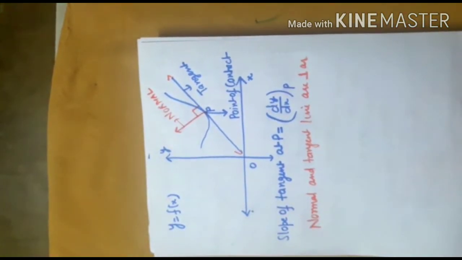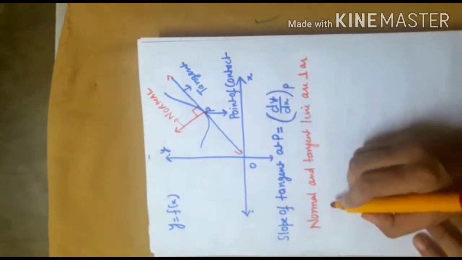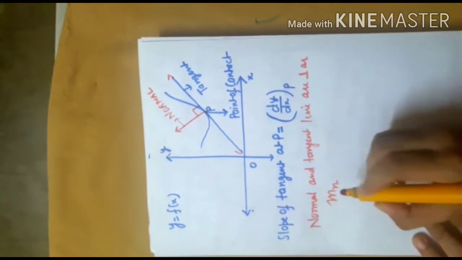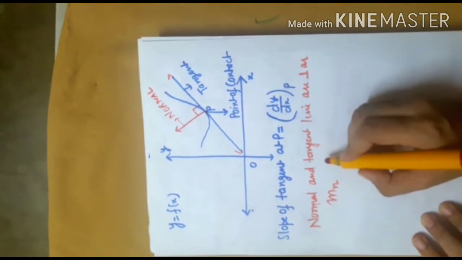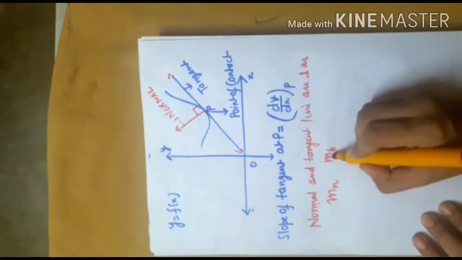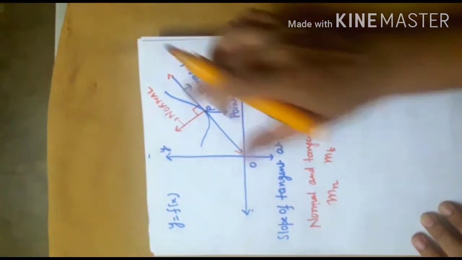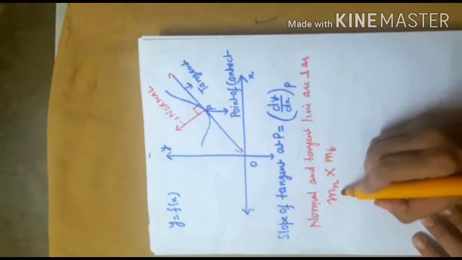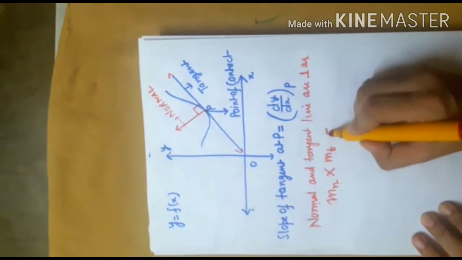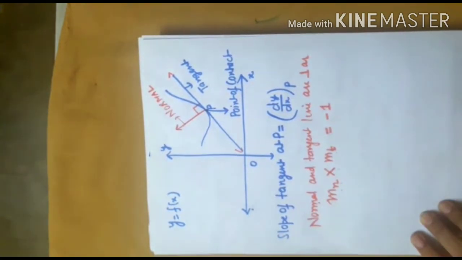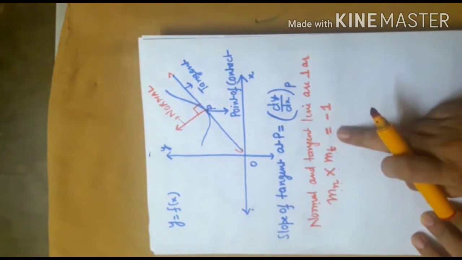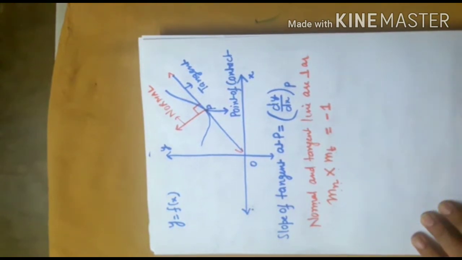And we know that when two lines are perpendicular, then the product of their slopes is equal to -1. So if mn is the slope of normal and mt is the slope of the tangent, then mn into mt should be equal to -1. This you had learnt in your class 11th.